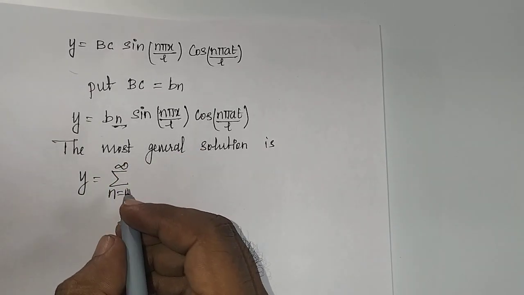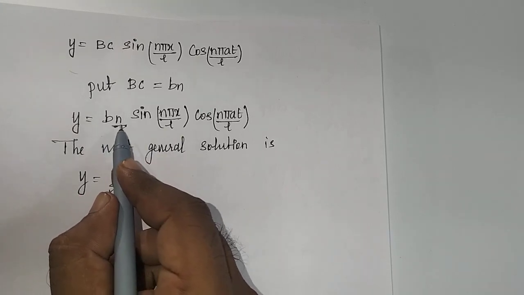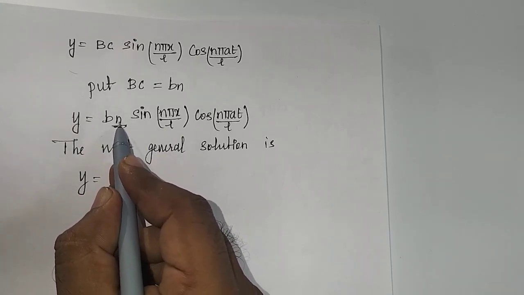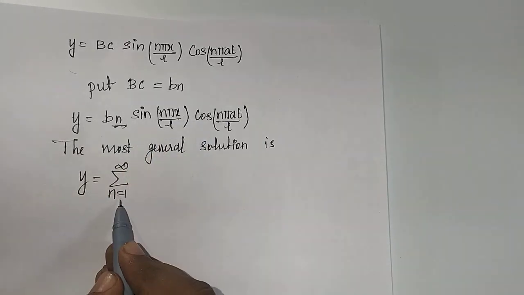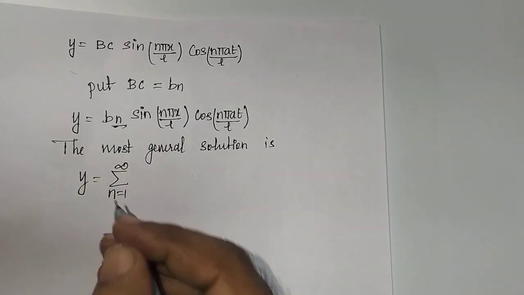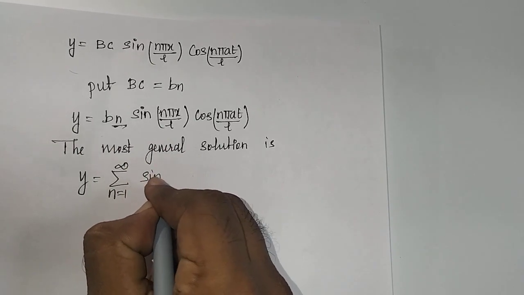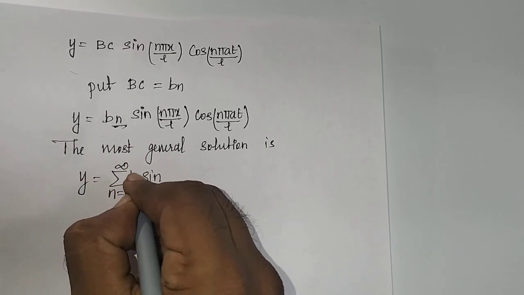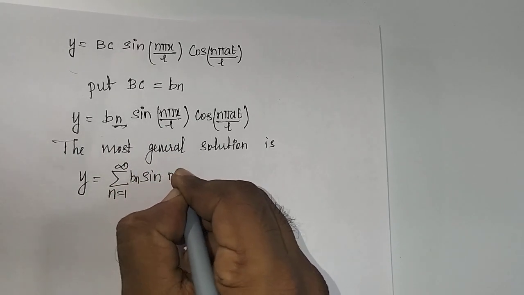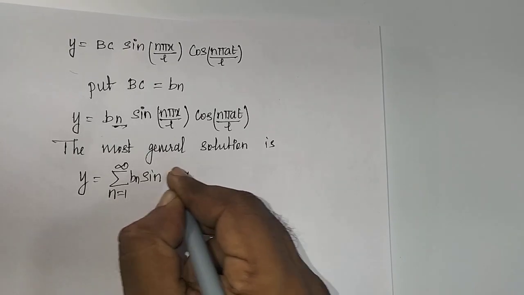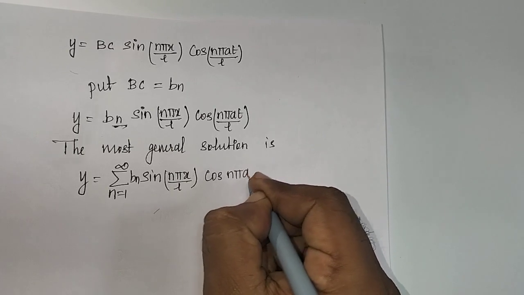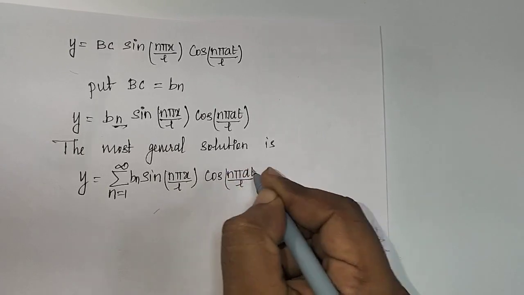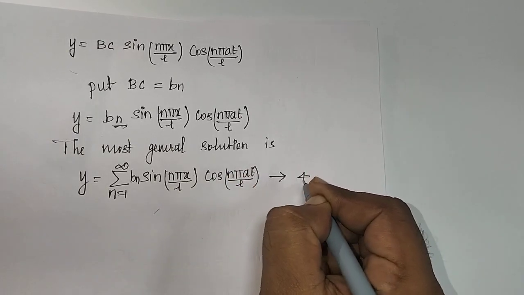By the superposition principle, we defined the constant bn, and we do not know the n value, so we can take generally 1 to infinite number of terms: bn into sin n pi x by L and cos n pi at by L, which is our equation 4.